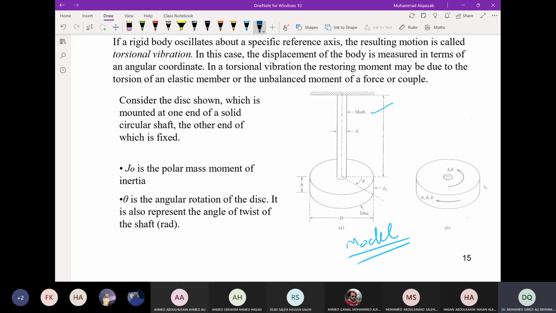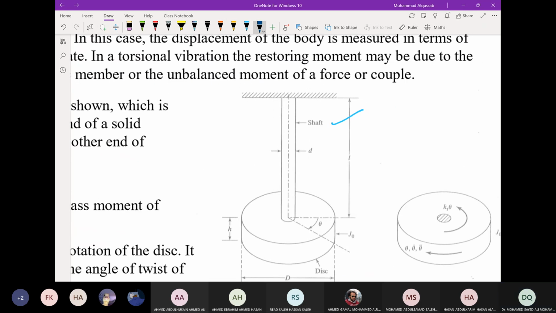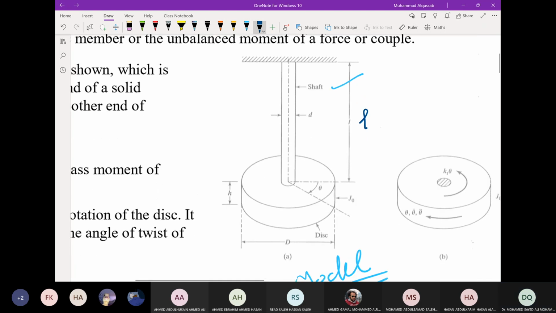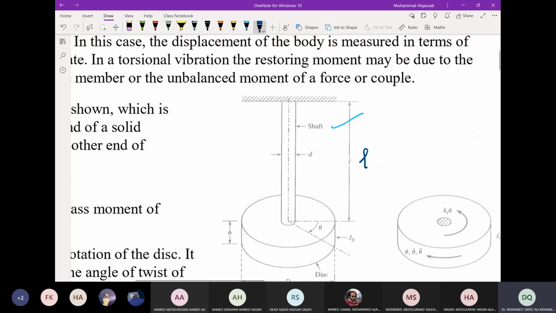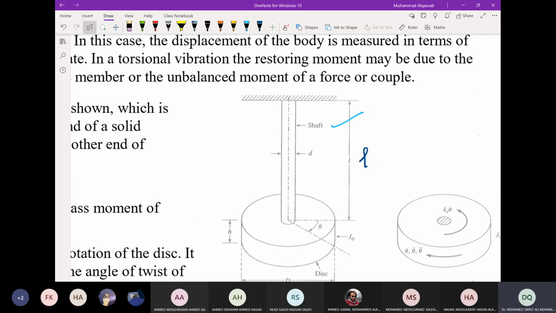Okay, so you see this one or not? This is L, the length of the shaft. The shaft is going to provide resistance if the disk is allowed to rotate with angle theta, and the type of motion here is only about the axis of the shaft, about the center line.